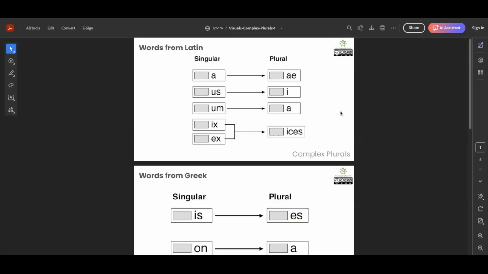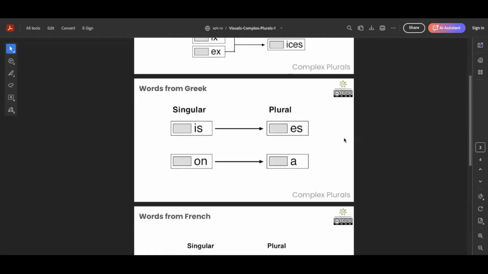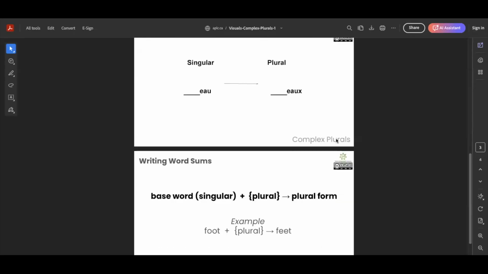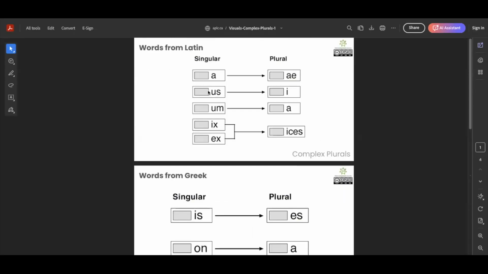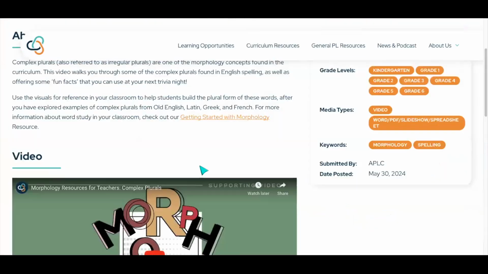And so some people would say, well, it should be hippopotami. No, it's not. Hippopotamuses is the plural of hippopotamus. So the song is correct, but you'll go through that in the video right there.